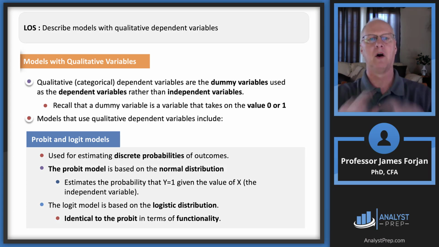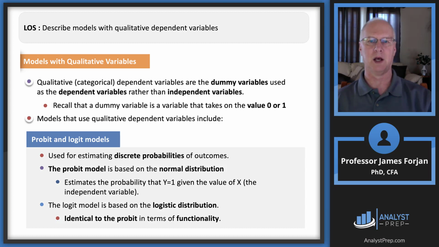How about a larger, bigger picture question in which we piggyback on our dummy variable conversation, but now we say something like, let's suppose that we want to have a qualitative model. So there are two kinds here. There is a probit model, and this probit model is based on all of the stuff that we did earlier on normal distributions.